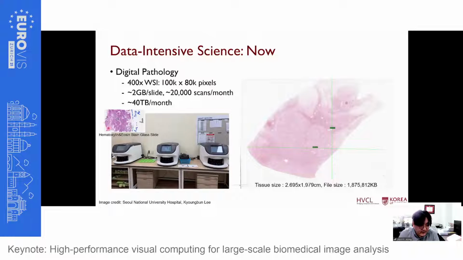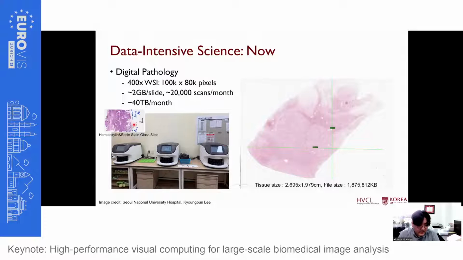This is actual glass, and there's a tissue stained with some kind of dye. In this case, it's the so-called H&E staining, which is very common in pathology, to show you the cellular structures and tumors. And the pathologists look at this glass slide using a microscope, to detect whether there is a cancerous region, cancerous tissue, in this glass slide.